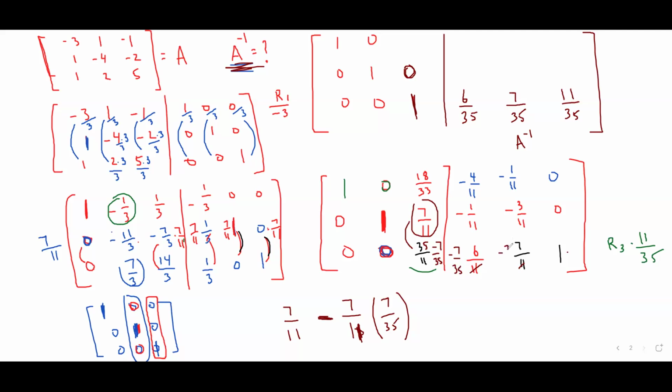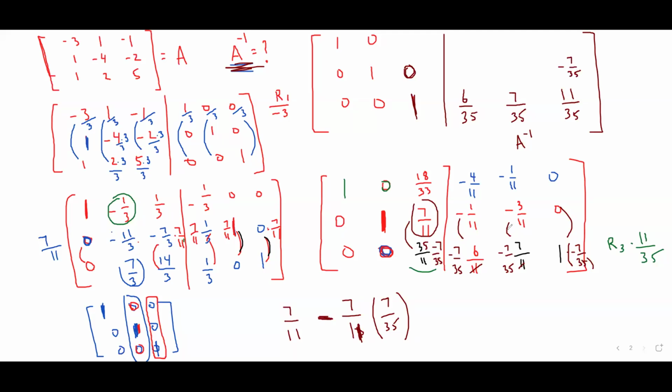So multiply by -7 35ths here as well, and then collect with what's above and put it in that area in the second row. In fact, the last one will be nice because it's just -7 35ths times 1 with 0 above. It's -7 35ths. So that one will be just fine.